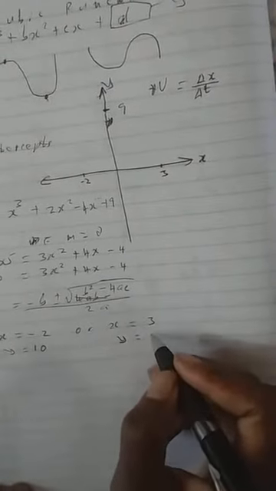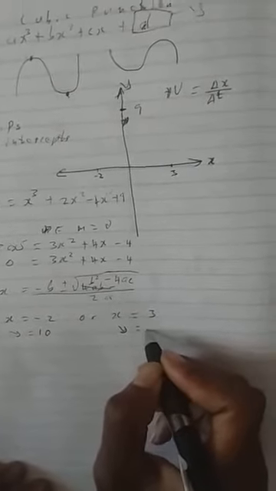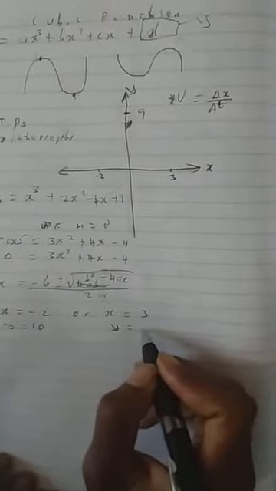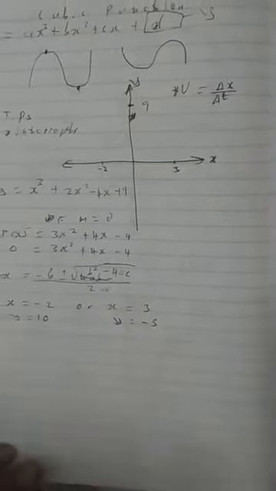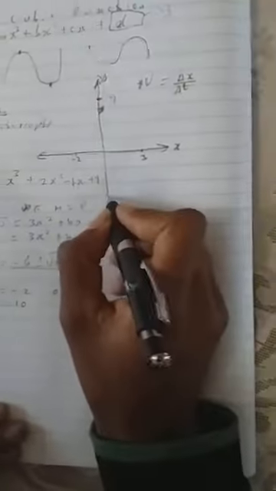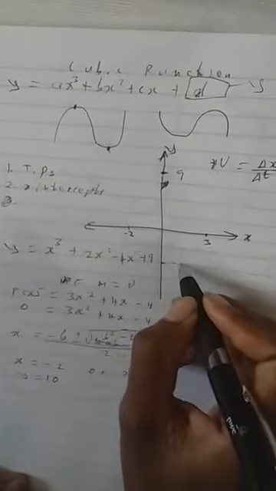So let's say in this particular case, we got negative 5. Okay, negative 5. So this is our turning point. So let's say this is our negative 5.